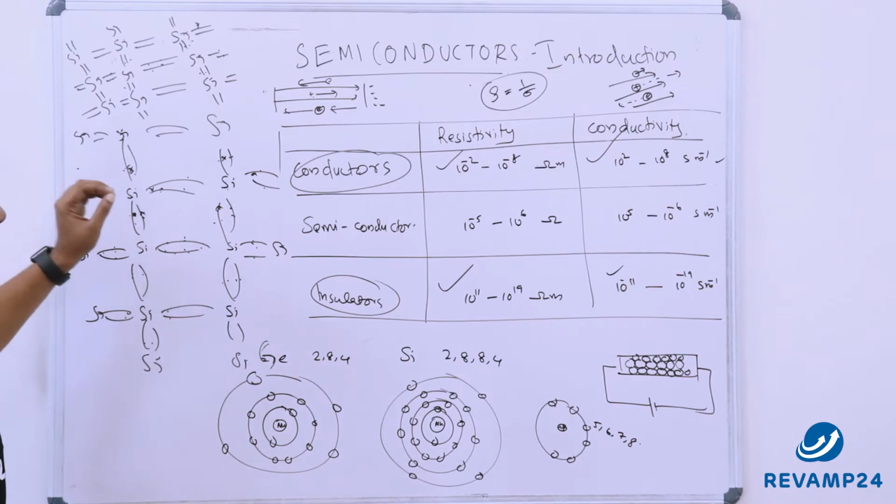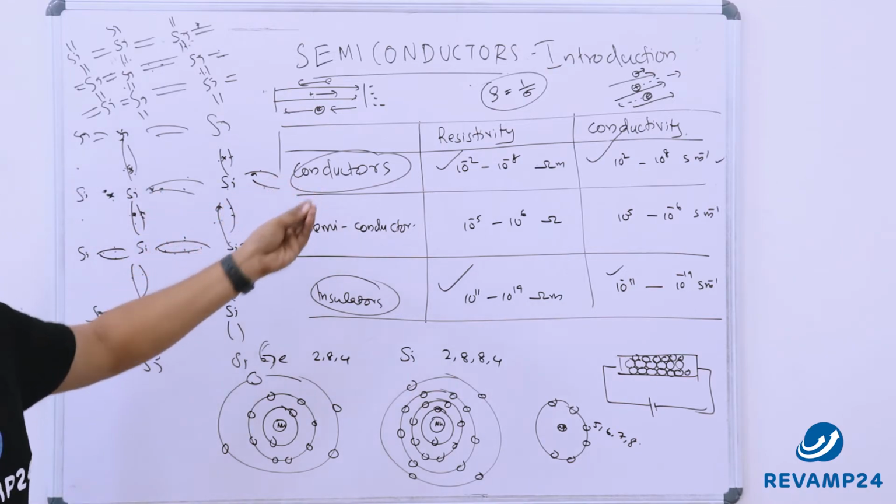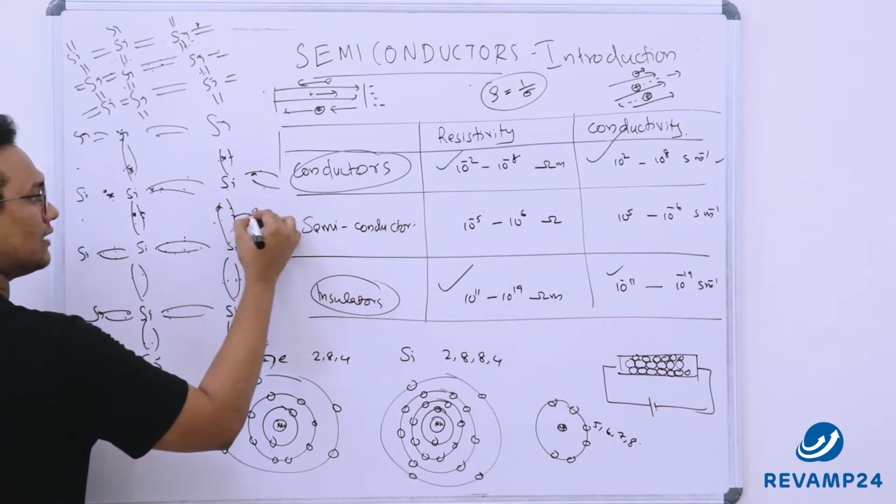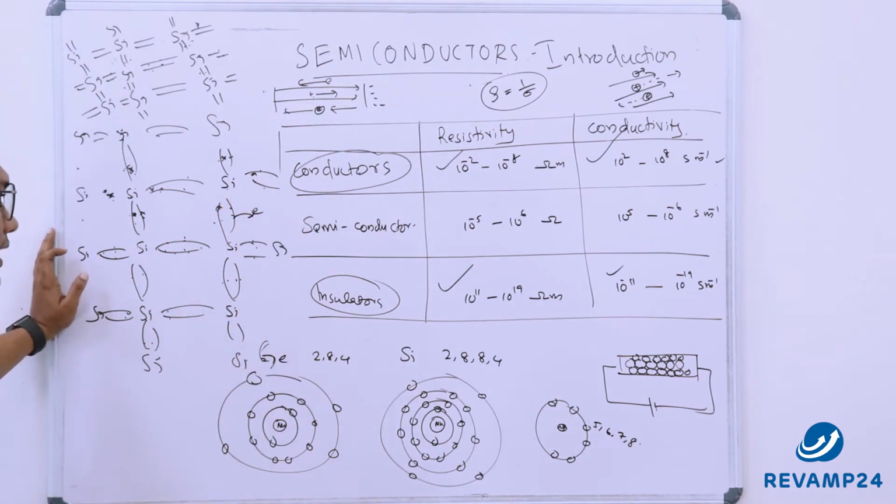Now see, will this electron come out? If the electrons are coming out, they are basically going to an unstable condition. So at lower energy, taking out this electron is difficult.